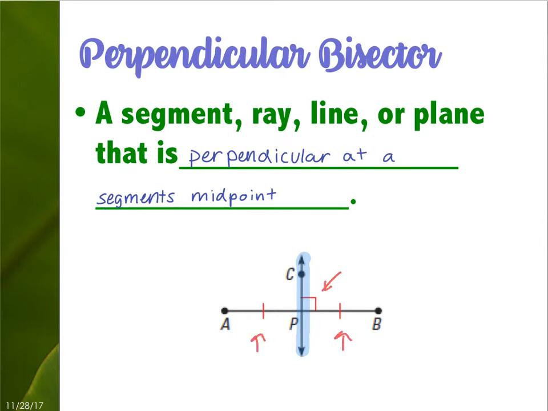So we see that these tick marks mean that AP is congruent to PB. So in order to be a perpendicular bisector, we need it to be two things: one, perpendicular, and two, to cut in half.